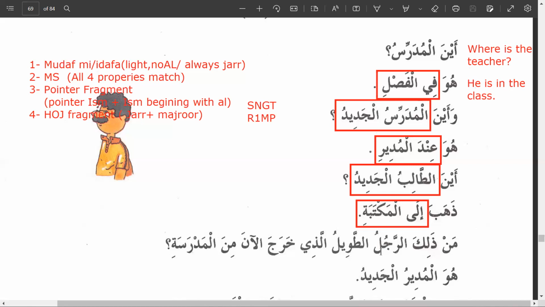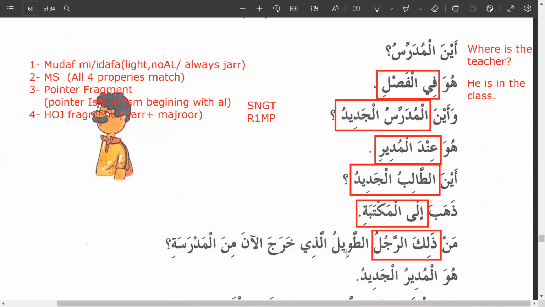Do you see a fragment here? Is there a pointer fragment? Yes, it is a pointer fragment. Okay. Dhalika, who is that man?